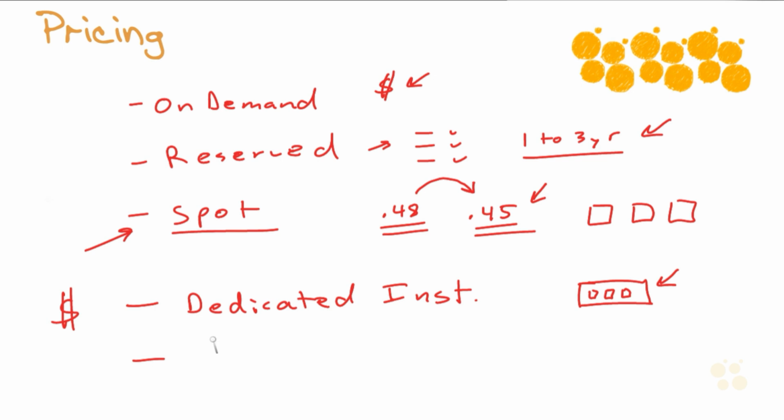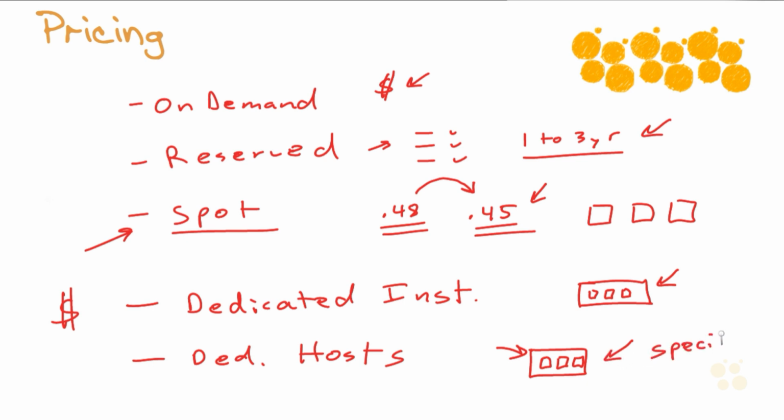Now, if we need to lock it down even more than that, we would go with dedicated host type structure. Here, not only are your EC2 instances going to be on dedicated hardware, but you'll actually know the specific hardware ID of that system.